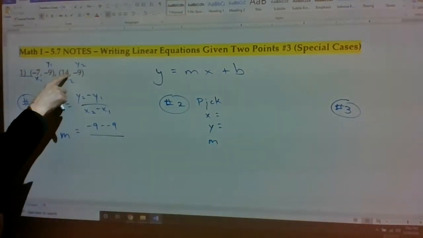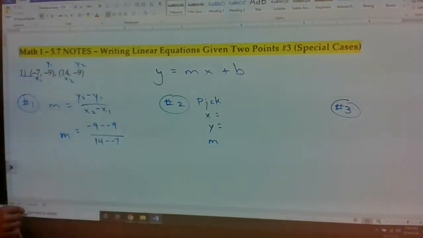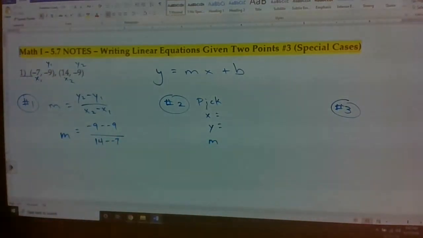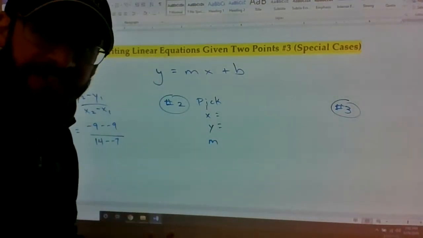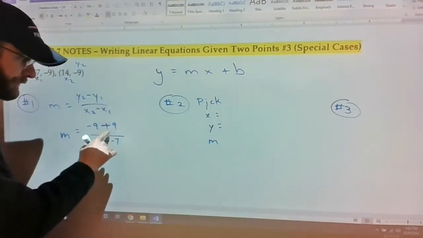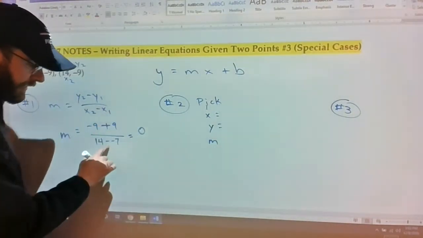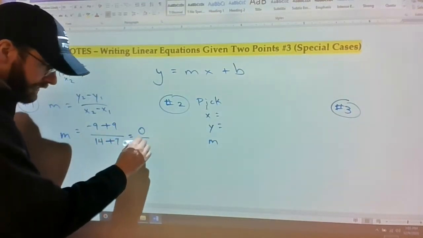On the bottom, 14 minus -7. So this is interesting. On the top, anything minus itself is 0, right? The minus minus creates a plus. -9 plus 9 is equal to 0. The minus minus down here also creates a plus. It's 21 on the bottom.